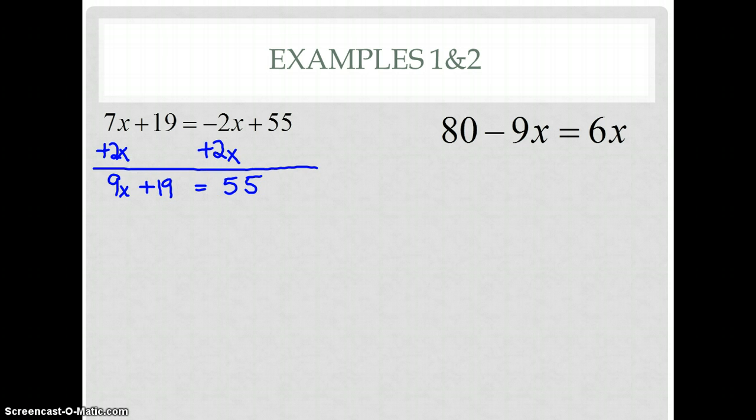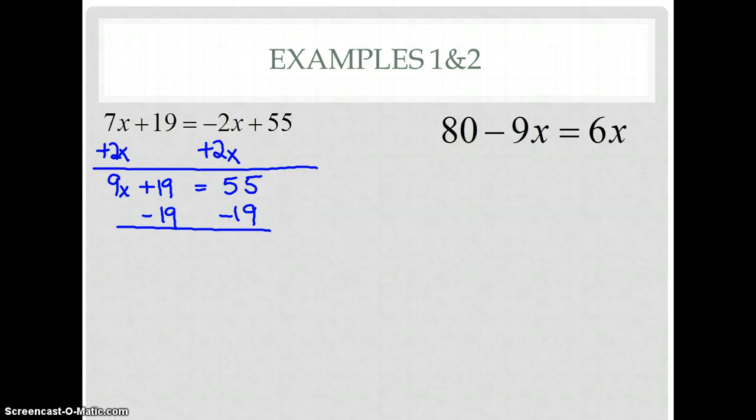Okay, we have a variable term and a constant term, and then a constant term 55 on the other side of our equation. So we do need to take this 19 and slide it on over to the other side here. So we will subtract 19 from both sides. So if we were to subtract 20, it'd be 35.